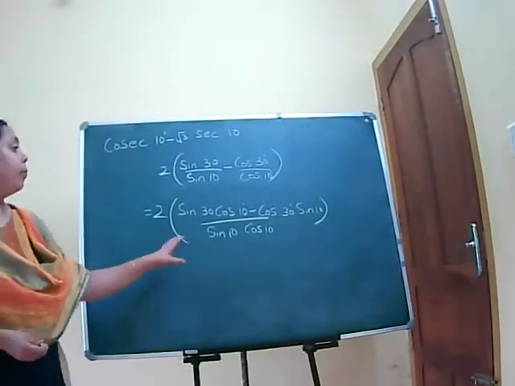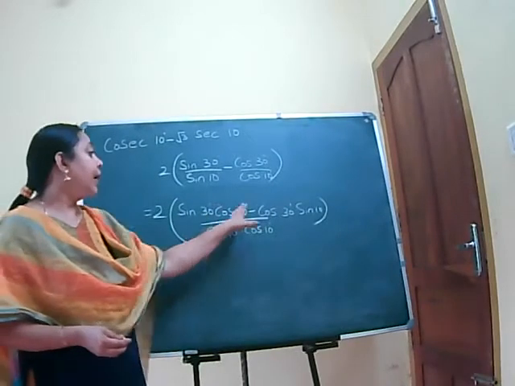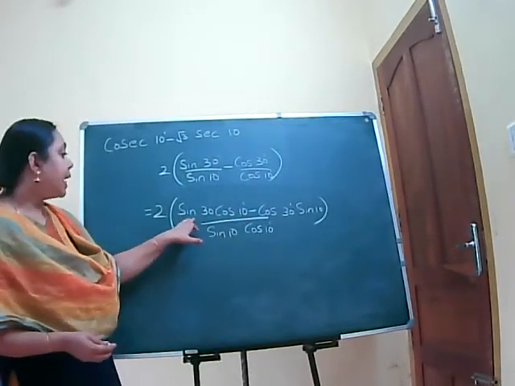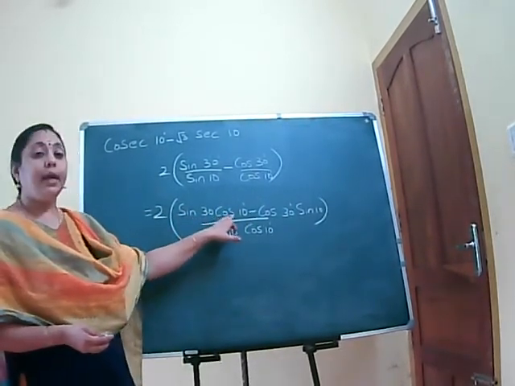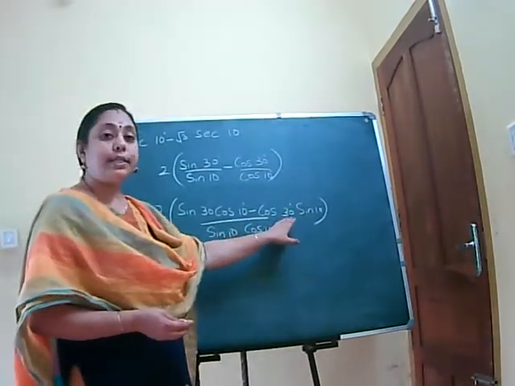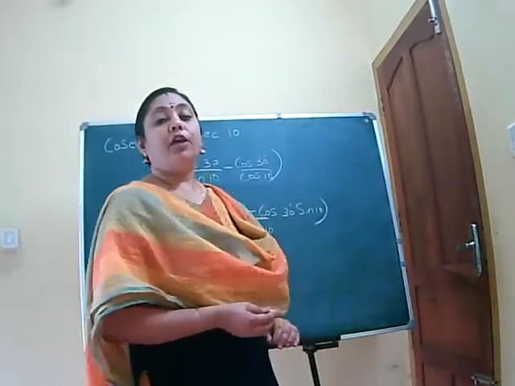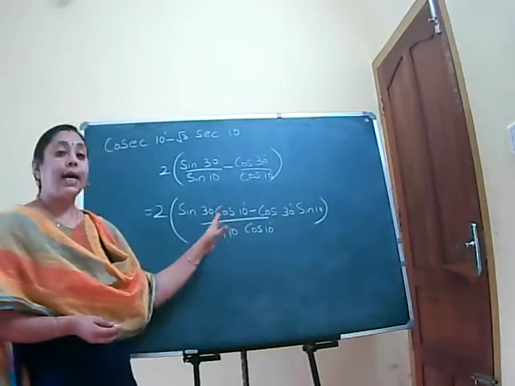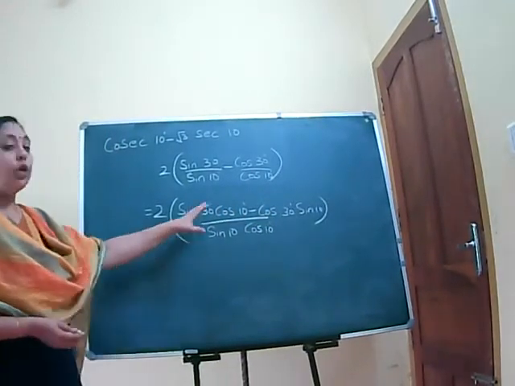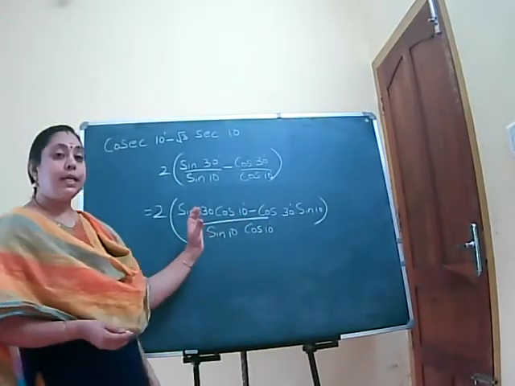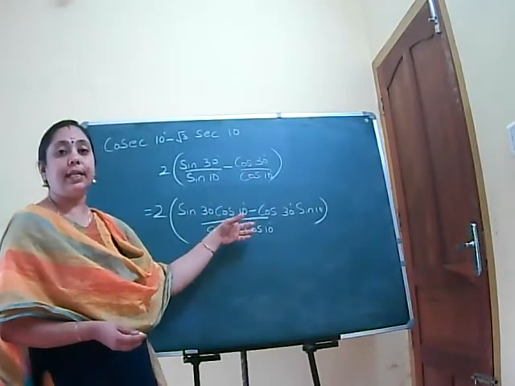Here the numerator becomes sin A cos B minus cos A sin B. We know that is sin A minus B. So the numerator becomes sin 30 minus 10, that is sin 20.